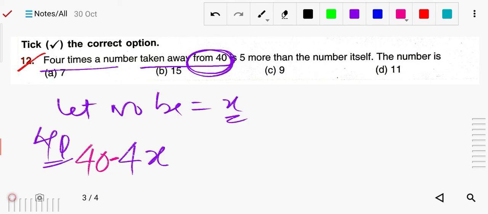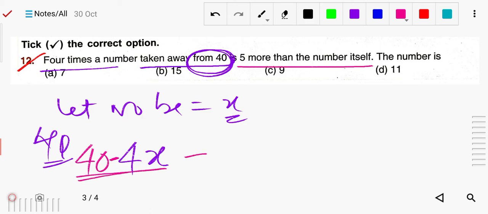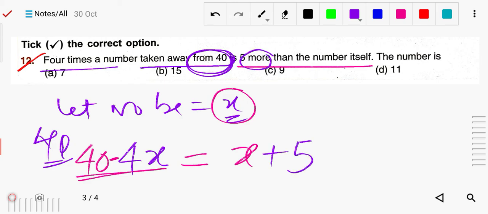So 40 minus 4x. Now it is 5 more than itself, and this value is equal to 5 more than the number itself. So the number plus 5, equals. This is the equation.